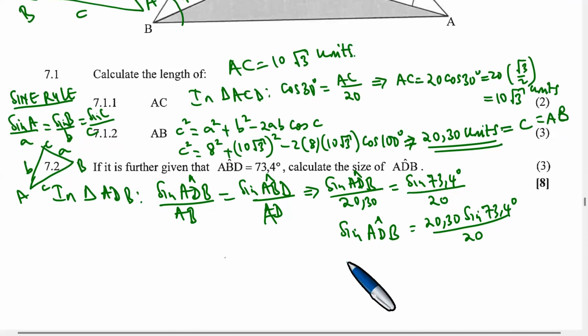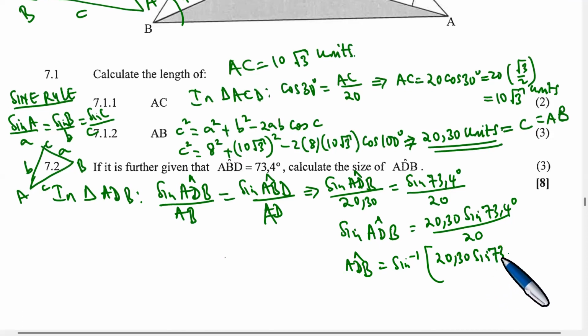Therefore ADB is the arc sine of 20,30 times the sine of 73,4 degrees divided by 20.